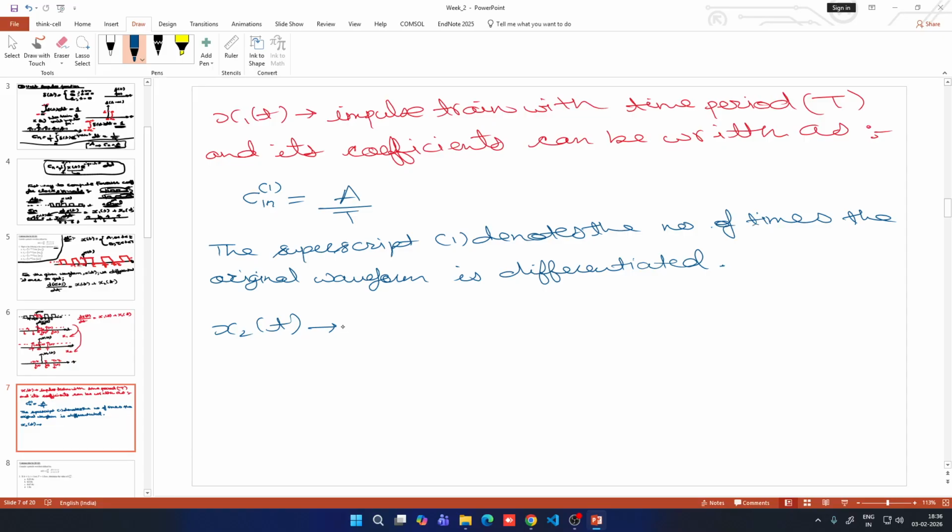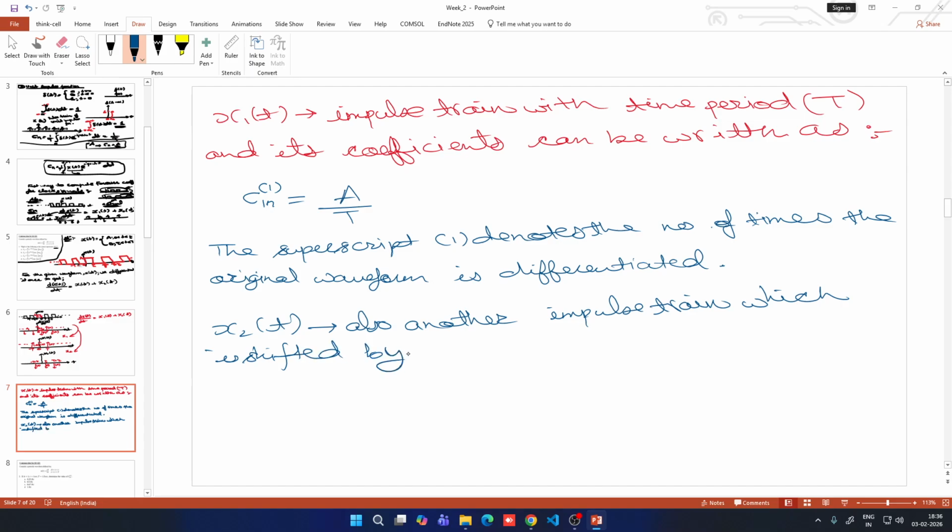It's another impulse train which is shifted by an amount tau.